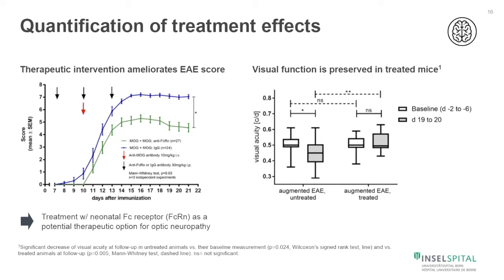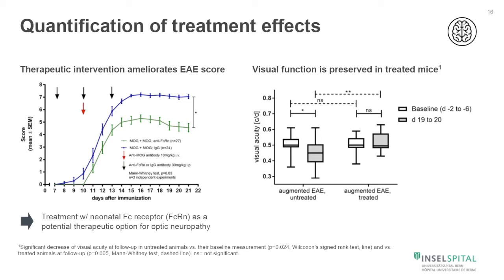As you can see here on the left graph, the treatment with the antibodies diminishes the severity score of the disease significantly over time. And that is not only true for the clinical score, but that is also seen when you measure the visual function with the OptoDrum.